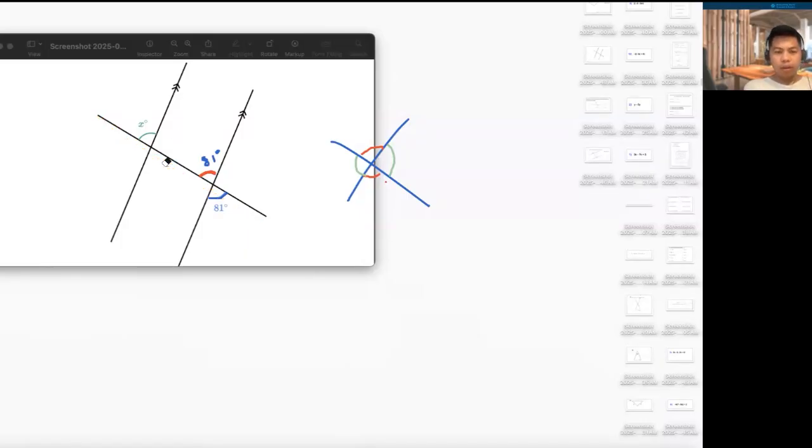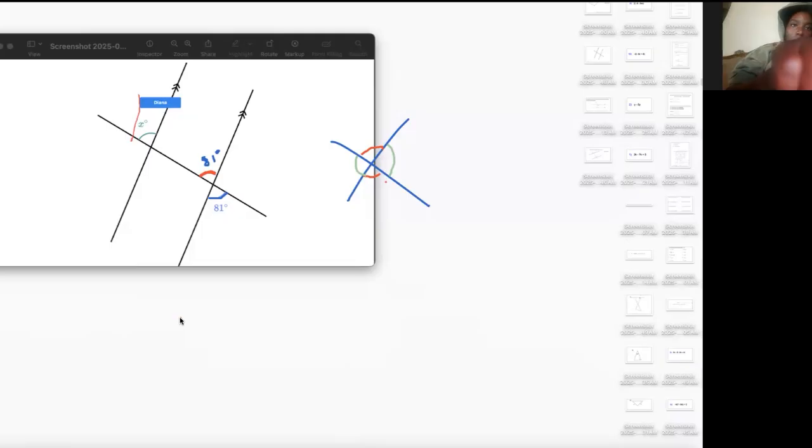Now, Diana, you said that you are not sure how to tell whether angles are corresponding. I keep on trying to remember which pieces are the two that are corresponding.